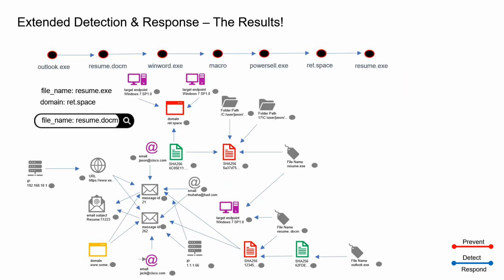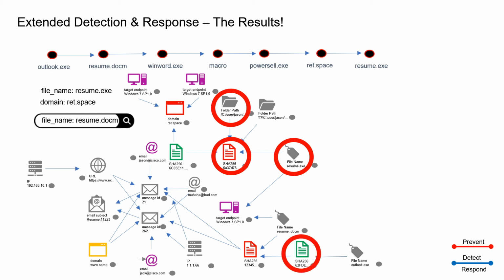Now, remember we drew out this map. The top line there is what we got on the EDR, endpoint detection and response: Outlook, resume.m, WinWord, macro, PowerShell, ret.space, resume.exe. That's what happened on the endpoint. You've got to look at the first video if you want to see this built out. But the ask was, what are some of the elements here, and what product provided that visibility in SecureX?